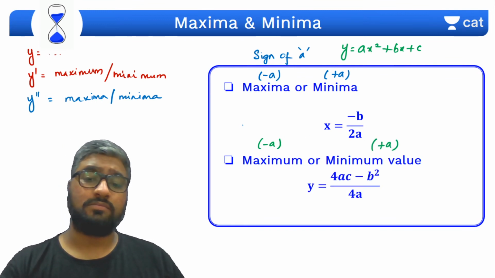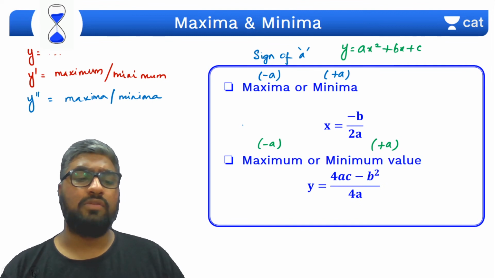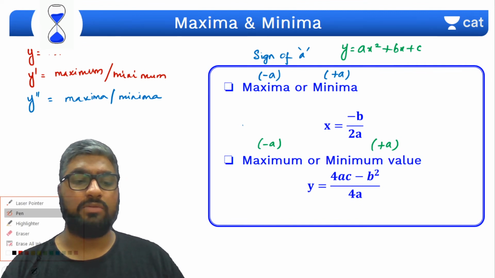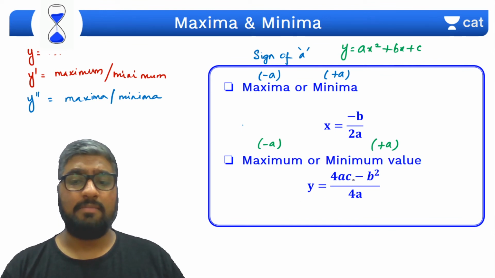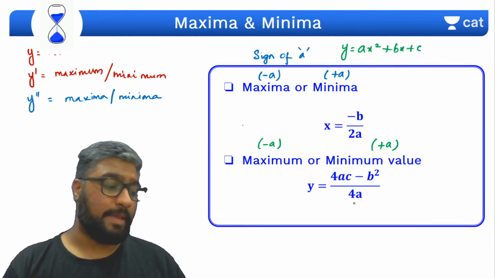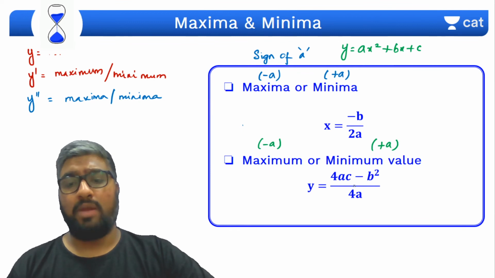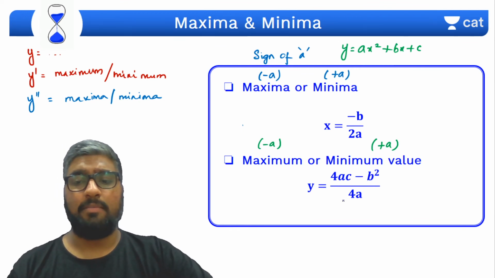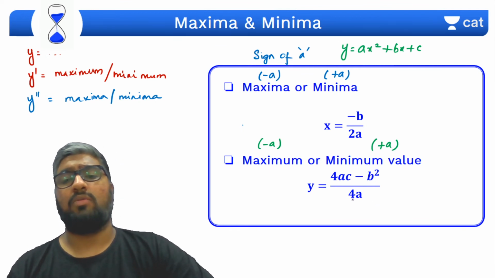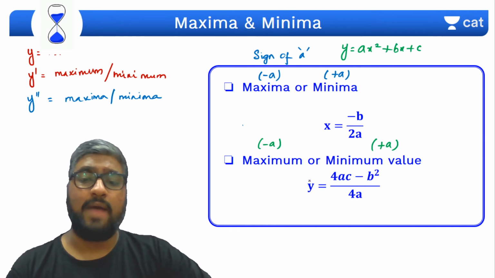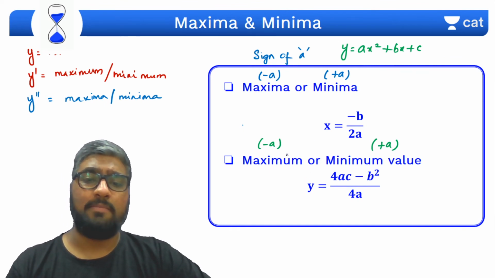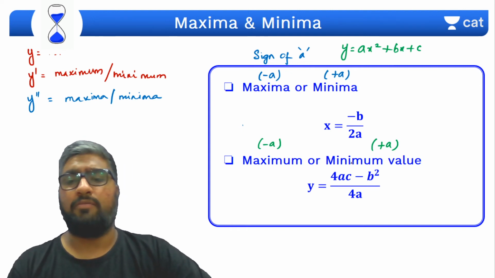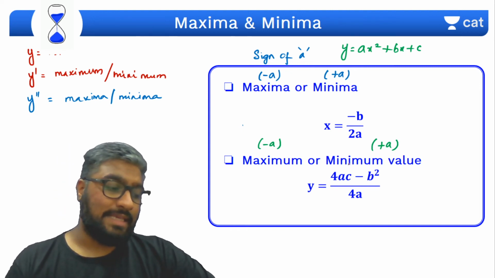So how would you find it? You would use y is equal to 4ac minus b square by 4a. So you find this out, you would get the value of y, where the value of y is either maximum for a negative a and minimum for a positive a.